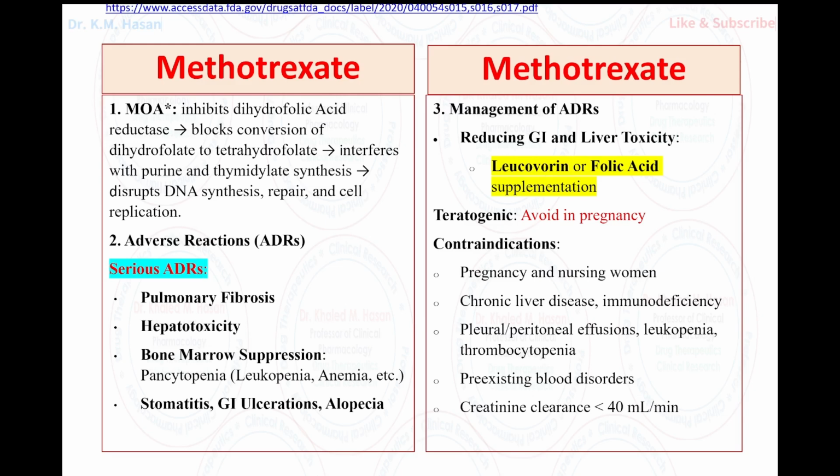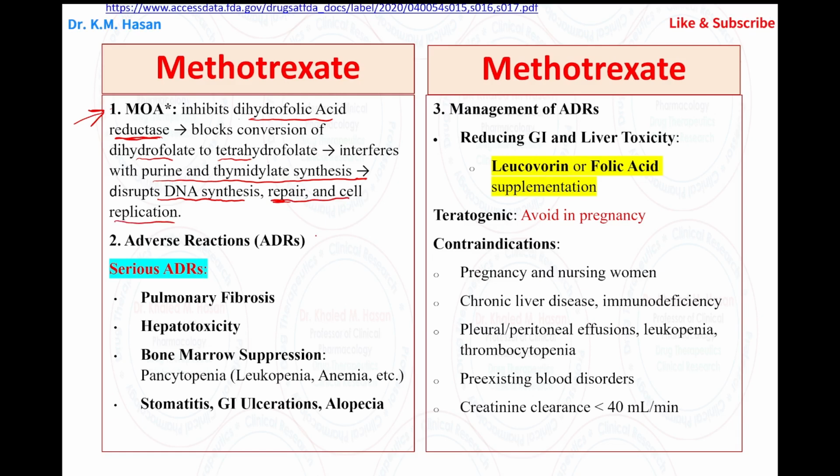So, speaking about methotrexate, how does it work? Mechanism of action, MOA. Methotrexate inhibits the enzyme dihydrofolate reductase, which is responsible for the conversion of dihydrofolate to tetrahydrofolate. This means methotrexate interferes with purine and thymidylate synthesis, which leads to disruption of DNA synthesis, and so it interferes with repair and cell replication.